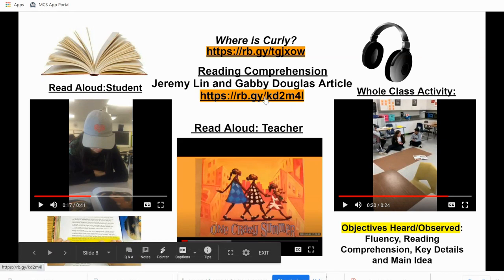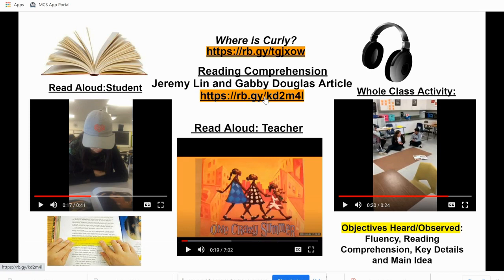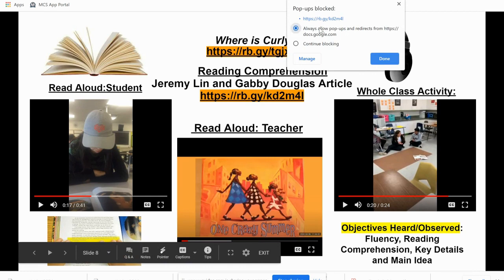Other opportunities are breaking your information down into smaller components. This is another way that I work with my stronger students. So my fours, my 3-4s, and my RFEPs, this is definitely something that I would do with these students. And as I'm about to click, this is the Jeremy Lin and Gabby Douglas article that I broke down into smaller components.